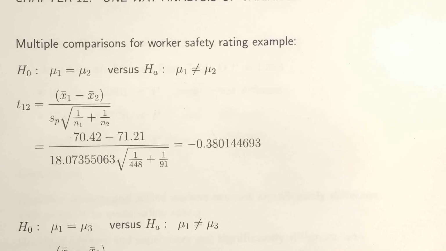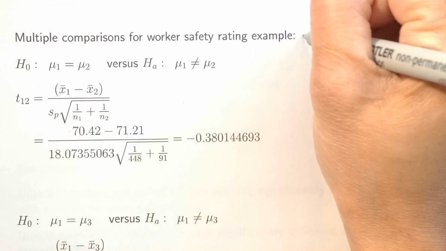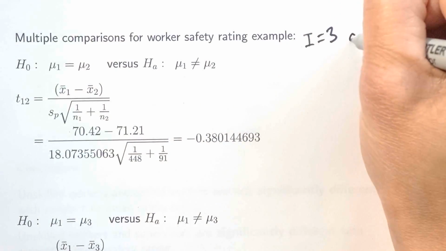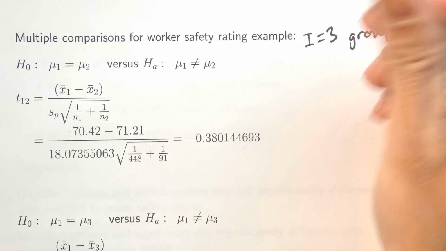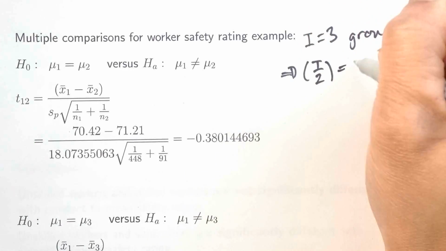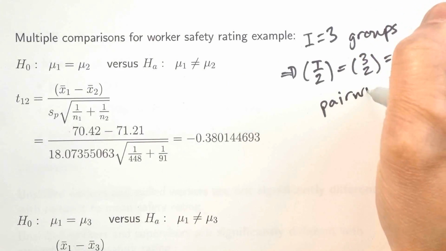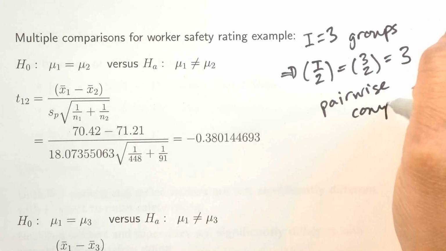So looking at our multiple comparisons, we have I equals 3 groups, which implies that there were I choose 2, equals 3 choose 2, equals 3 pairwise comparisons to be made.